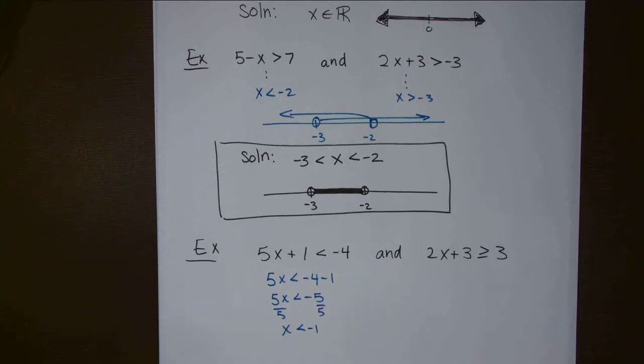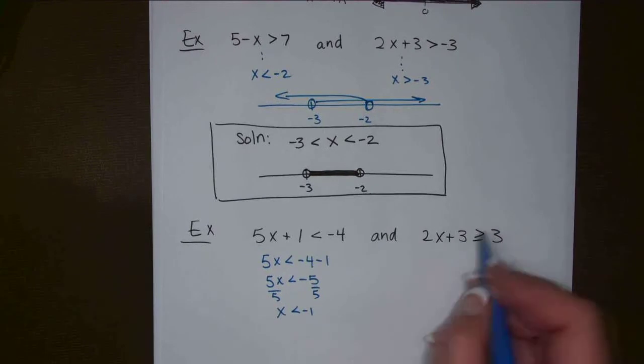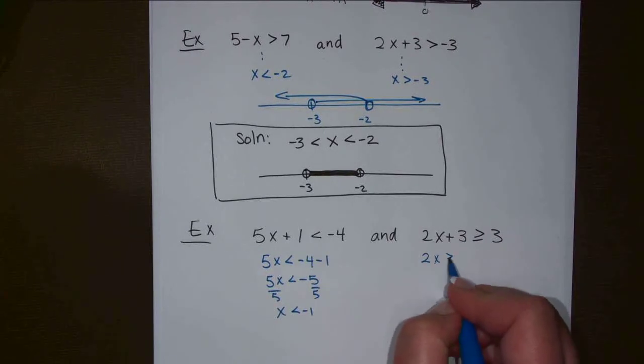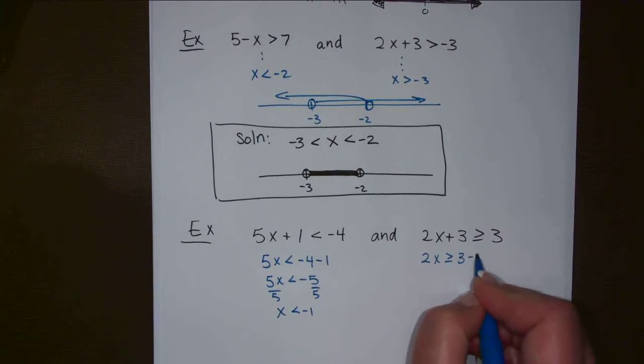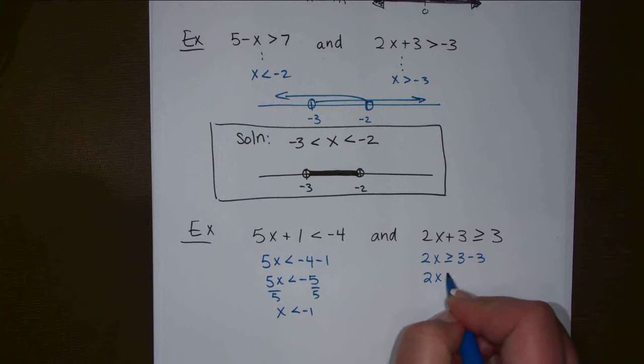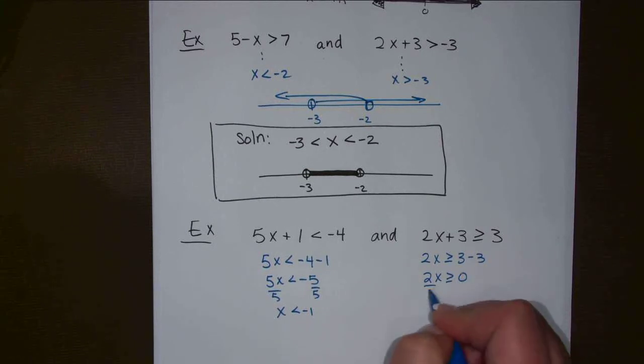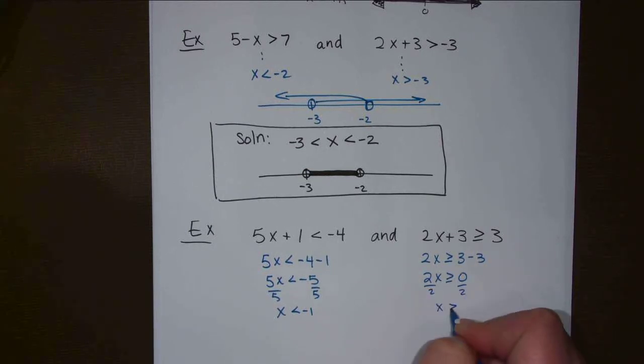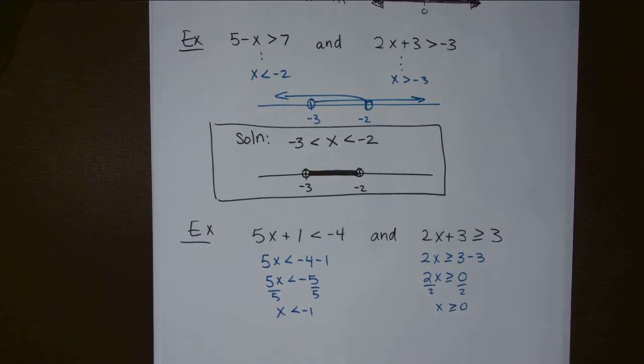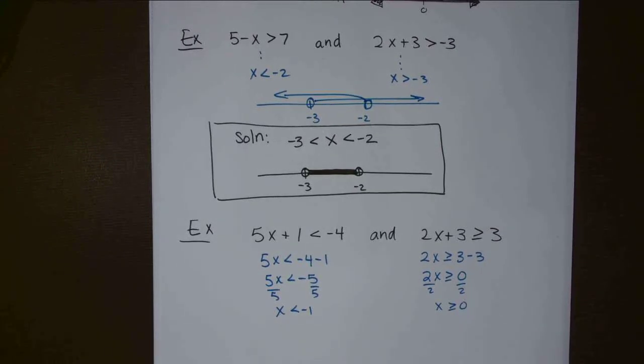Five over 5 is negative 1. Three minus 3, 0. 0 divided by 2, that's okay, it's 0.